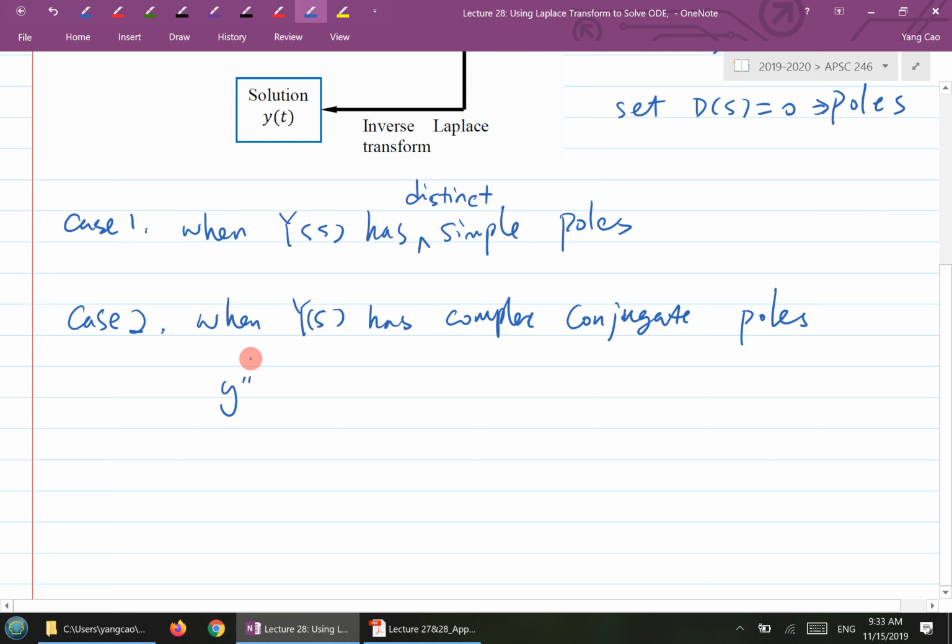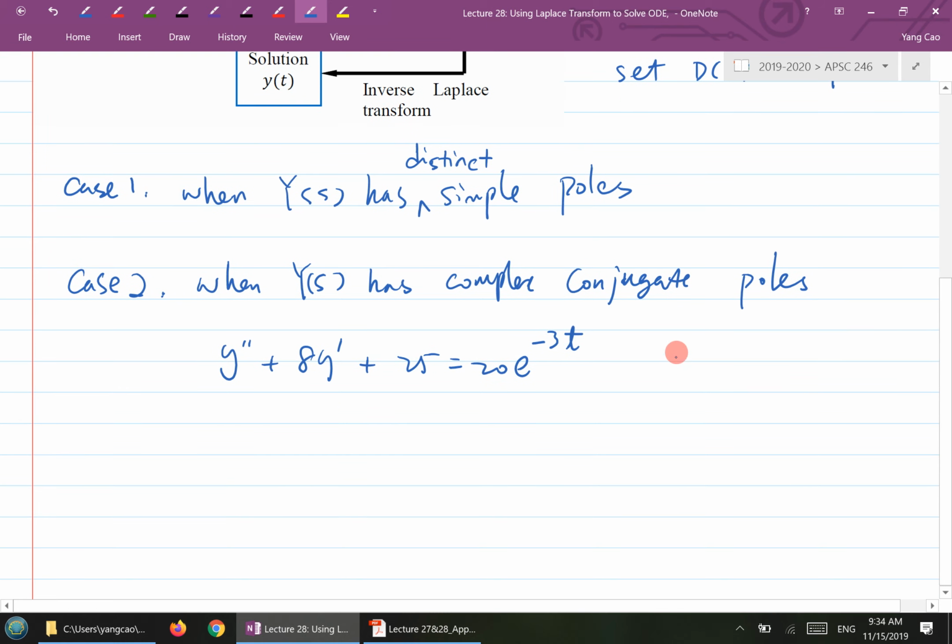Let's say your second order ODE is this, and the initial conditions are all 0.